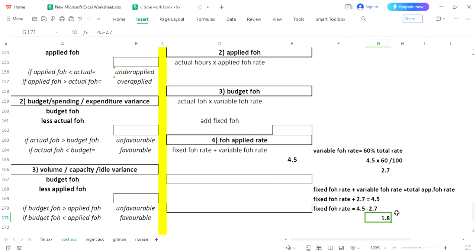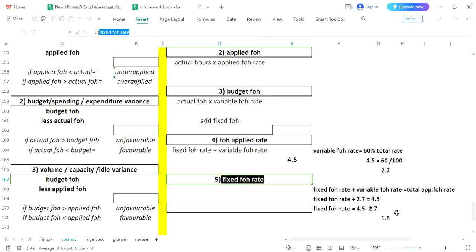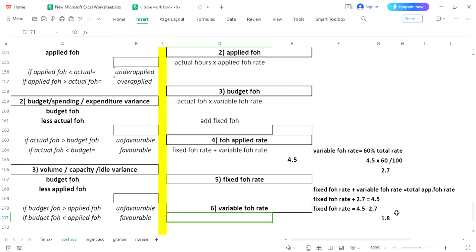So for the first time, indirectly we have calculated both rates. Otherwise we were supposed to calculate over here at fifth place the fixed FH rate, and at number 6 the variable FH rate, with the help of the formula fixed FH divided by estimated hours.